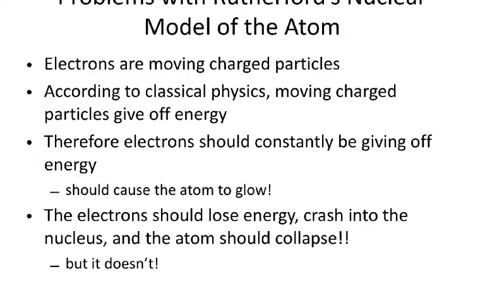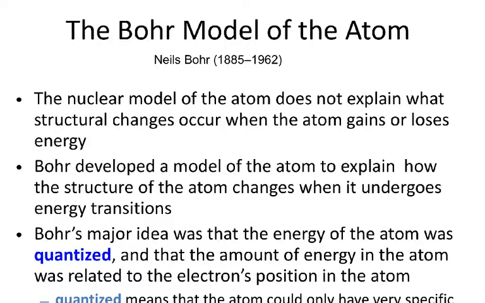So if that's what's happening in an atom, electrons should constantly be giving off energy, causing things to glow, which then causes the electrons to lose energy, crash into the nucleus, and the atom should collapse, but that is not what happens. So we need a more robust theory of the atom. This leads us to the Bohr model.